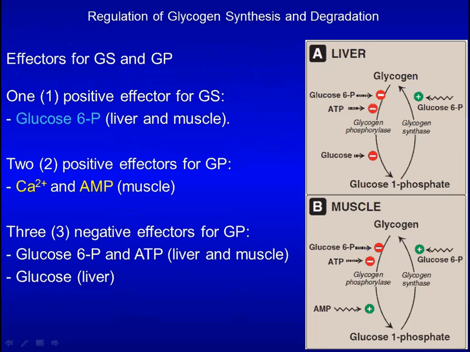These effectors can be summarized in one mnemonic: 1, 2, 3. 1 refers to the fact that glycogen synthase has one positive effector, which is glucose 6-phosphate. 2 refers to the fact that glycogen phosphorylase has 2 positive effectors, calcium and AMP. 3 refers to 3 negative effectors for glycogen phosphorylase: glucose 6-phosphate, ATP, and glucose.